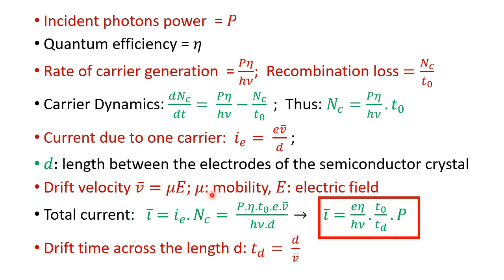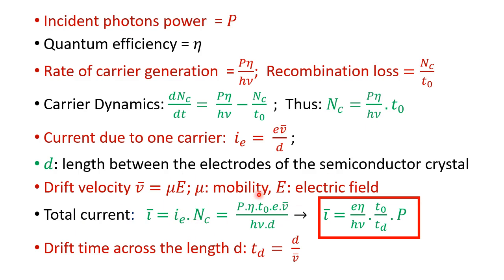So you see that the greater the external bias, the greater is the electric field, and hence the greater is the drift velocity, and more will be the current, because the time required for the electron to go across is going to be small. So the total current is simply the current due to the single electron times the number of carriers that we have, and that we have already got here.